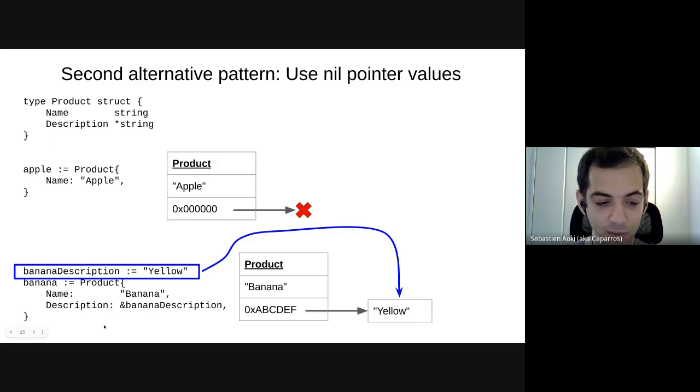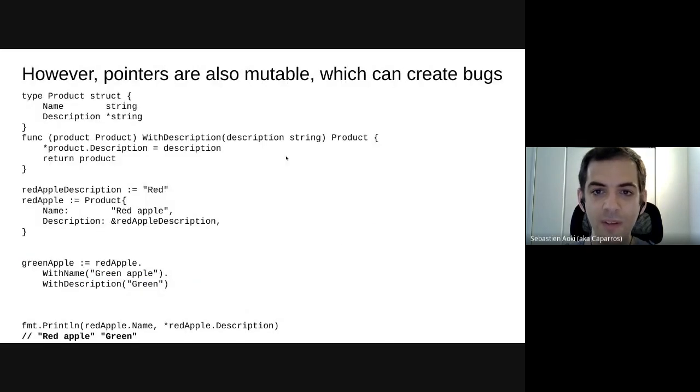If I want to define a description here, I have to first create this description, this banana description, and then take its pointer value to define my object, which we can see there. So now I have a product with a description which is yellow, which is a pointer. So in this case, my description can be either nil or some string, which allows us to have indeed nullable values.